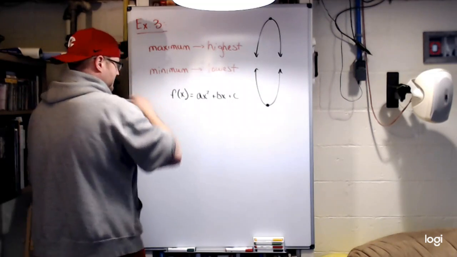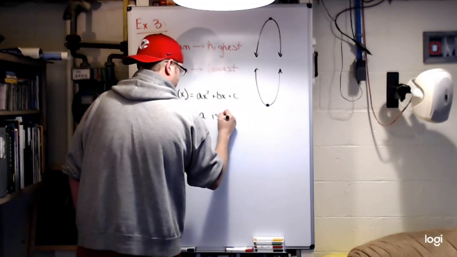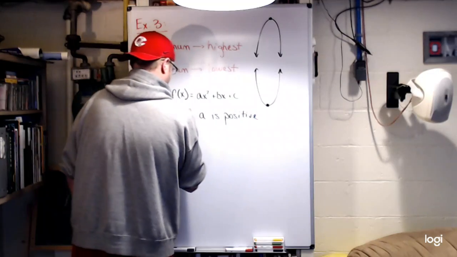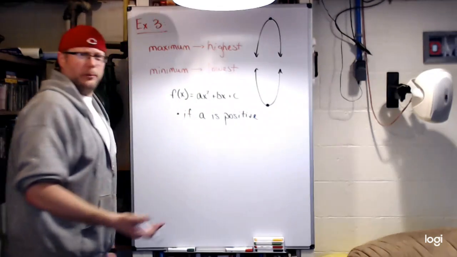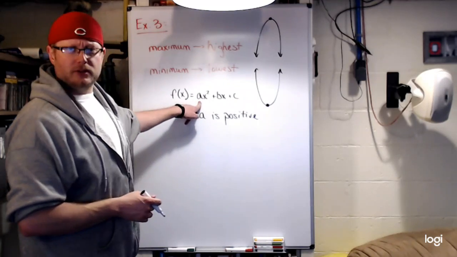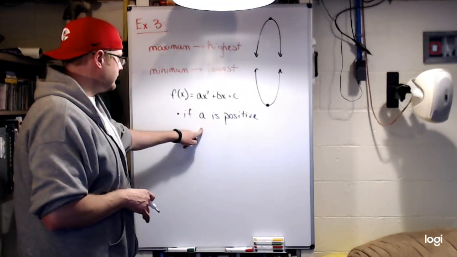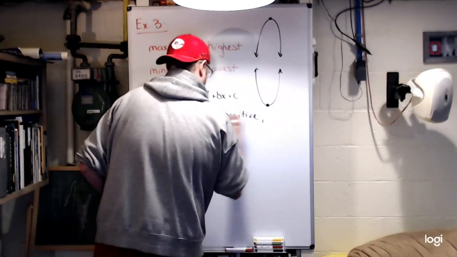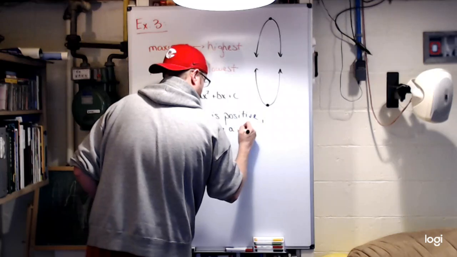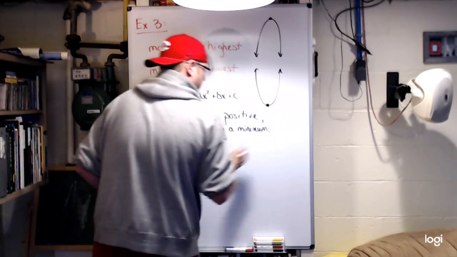Okay? If a is positive, so just a couple of quick rules is what I'm talking about here. If a is positive, if this first number, this leading coefficient is positive, you have a minimum.